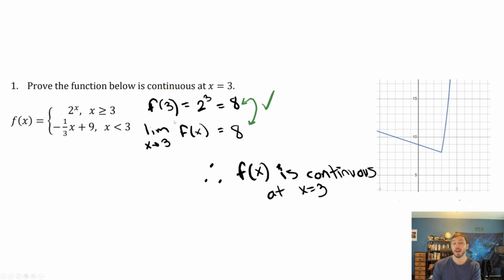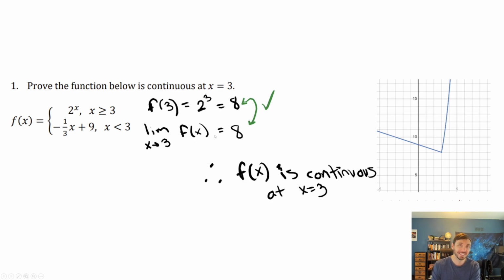So I have shown that f of 3 is defined. I've also shown that the limit as you approach 3 is equal to 8. What some teachers may require is that you say the limit coming in from the left is 8 and the limit coming in from the right is 8. Therefore, the limit as you approach the value is also 8.